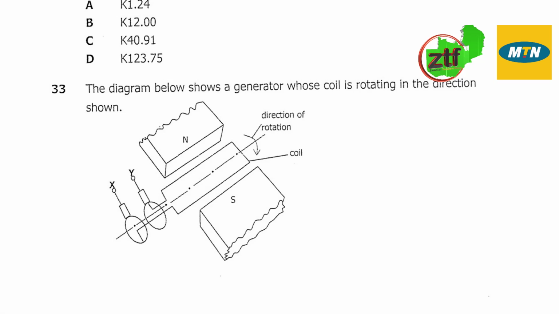And it produces maximum when it cuts the flux at maximum. In this case, every 90 degrees, it's going to generate a maximum voltage, or maximum EMF. So A is wrong, B is not a sine wave, C is the correct sine wave, and D falls off.